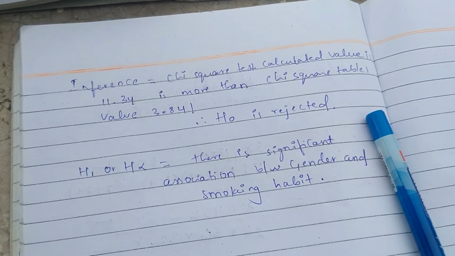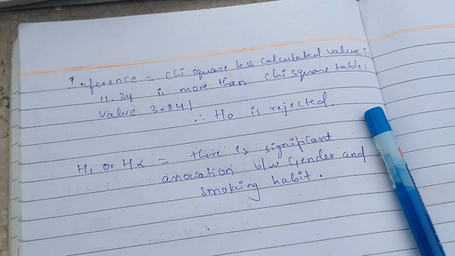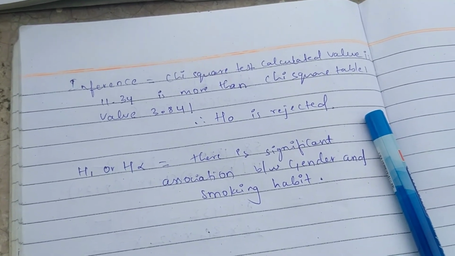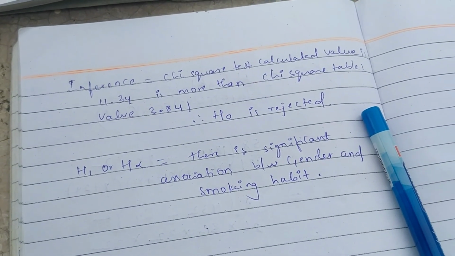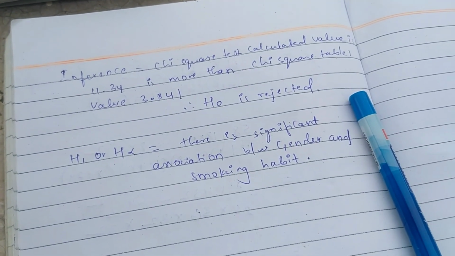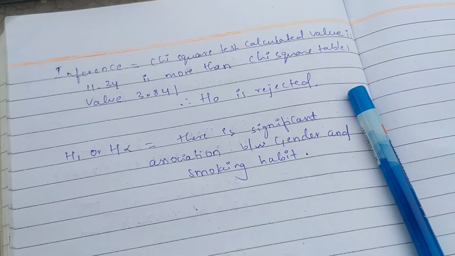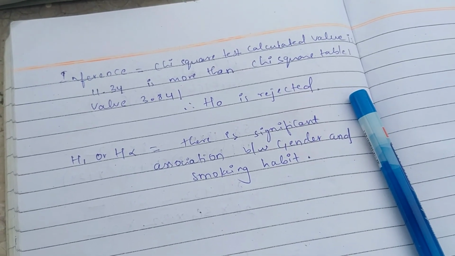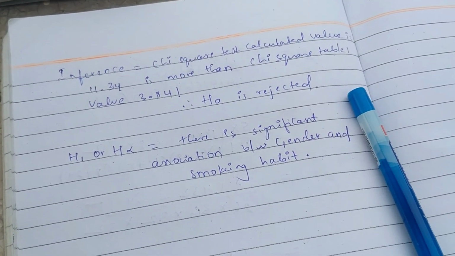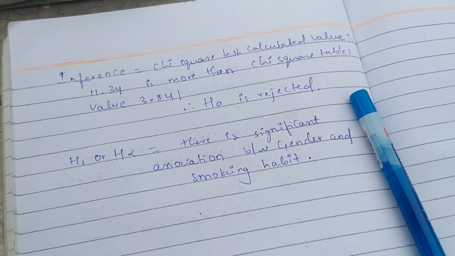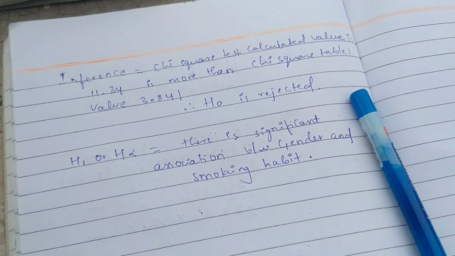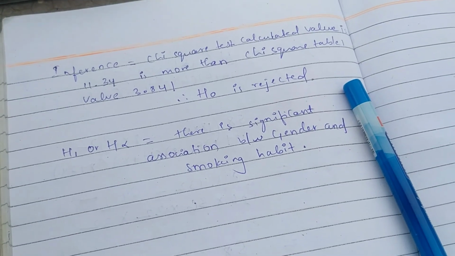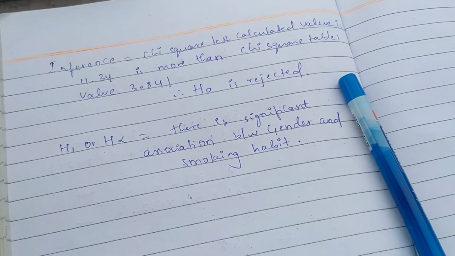But if it is less than the table value, then H naught is accepted. Finally, in the inference we need to mention whether H naught is accepted or rejected. If accepted, there is no need to frame it again because we already framed it initially. If H naught is rejected, we must frame the alternative hypothesis.